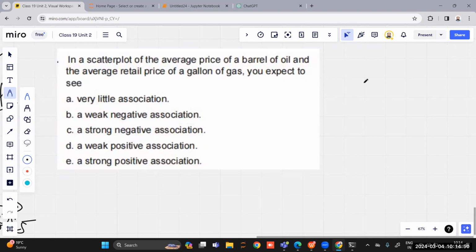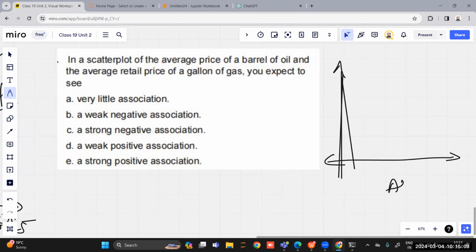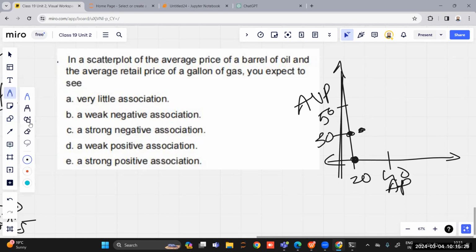In a scatter plot of the average price of a barrel of oil and the average retail price, if the average price increases, suppose I am buying a barrel for 20, I'll sell it for 30.